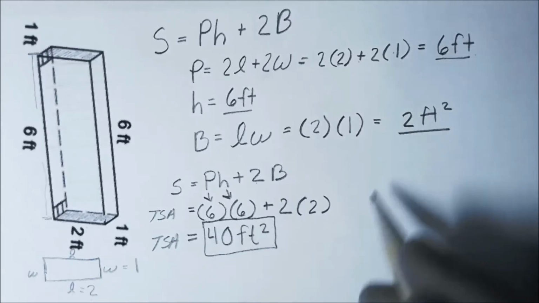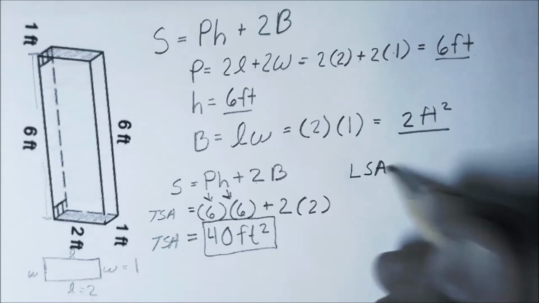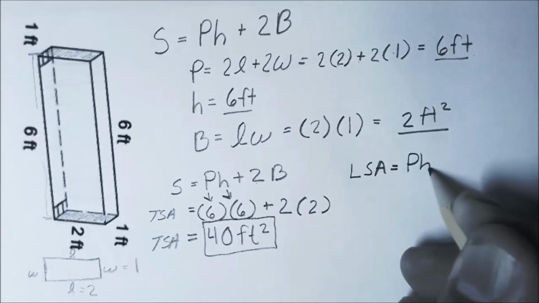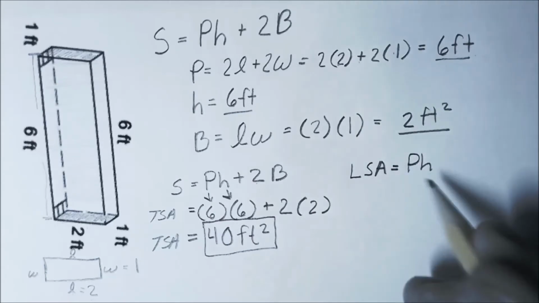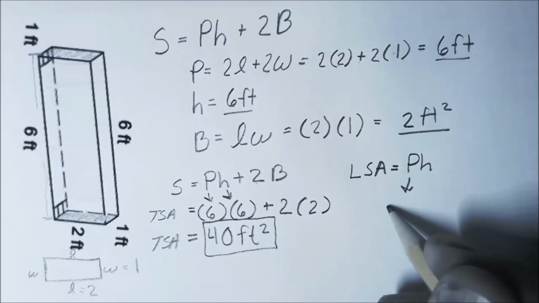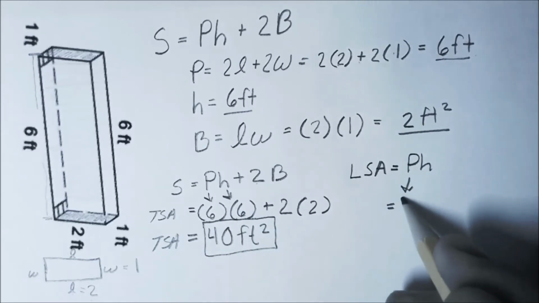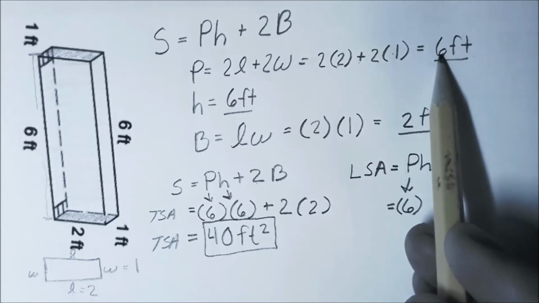So if we're going to do LSA, I'm going to write that right here, LSA, which stands for the lateral surface area. All we would need is our pH. pH is equal to the lateral surface area. So I'm going to plug in my numbers for just the P and the H. And we've already done it over here, but I'm just going to do it once again. So we're going to put in a 6, which is our perimeter.